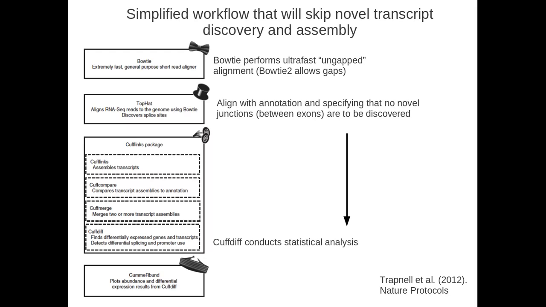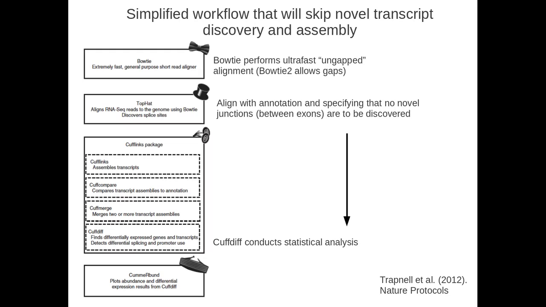So this is the recommended workflow. I should point out that in the Trapnell et al. paper there are a number of modified workflows that you would use in slightly different experimental designs. One possibility is to simply skip the Cufflinks and Cuffmerge steps, so you can feed in directly the annotation to Cuffdiff plus the alignments produced by TopHat and the splice junction predictions produced by TopHat.